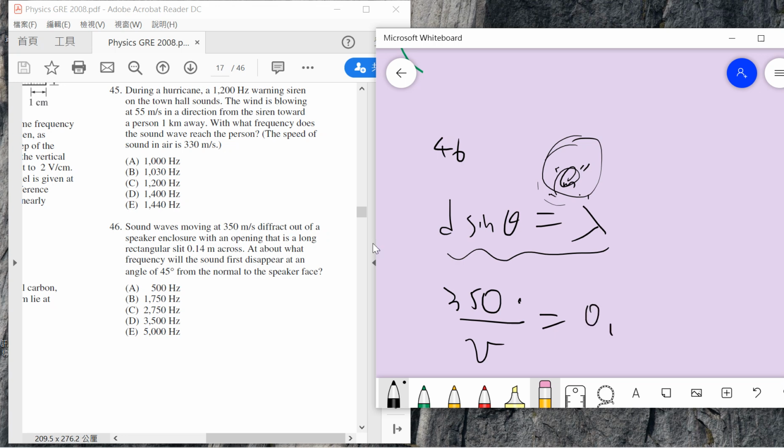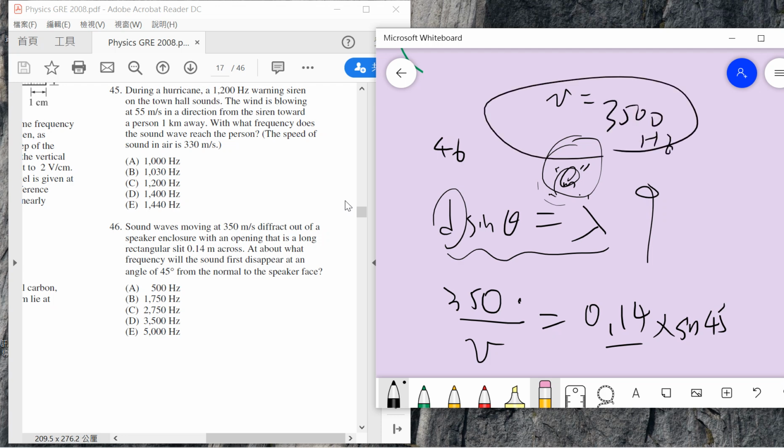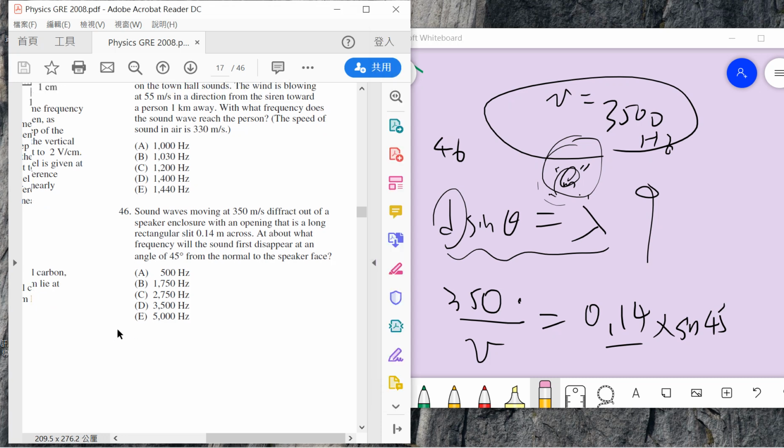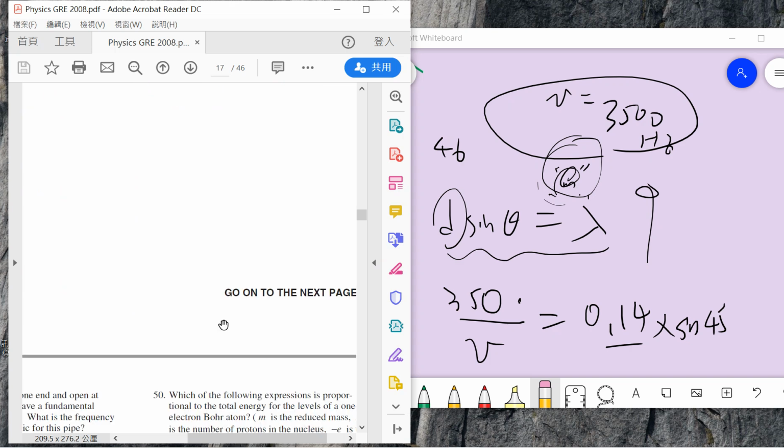D is this one, and sin theta is 45 degrees. So we can solve, and the frequency is this many hertz. Luckily we have the answer here, answer D. So this is nothing special.